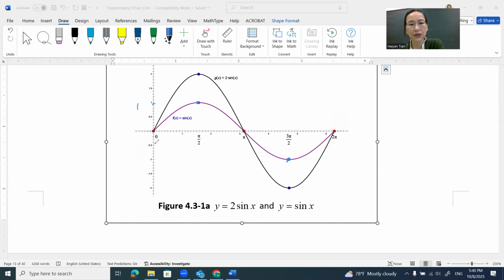The minimum value is -1, right? So the difference will be 1 minus -1, which is 2. A half of that will be just 1. So the amplitude is 1.